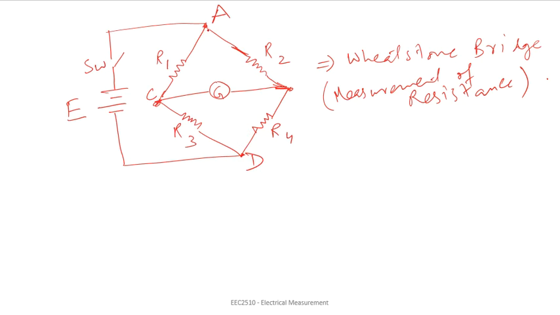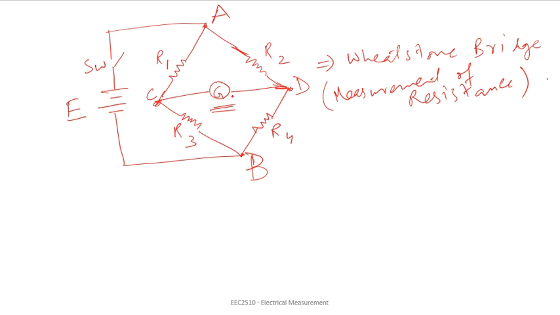Okay, so the voltage source is applied between the points A and B, and a detector is connected between these points C and D. Okay, so this galvanometer or detector can sometimes be a microammeter also with a zero center scale.